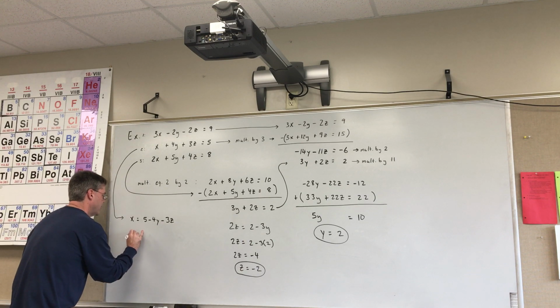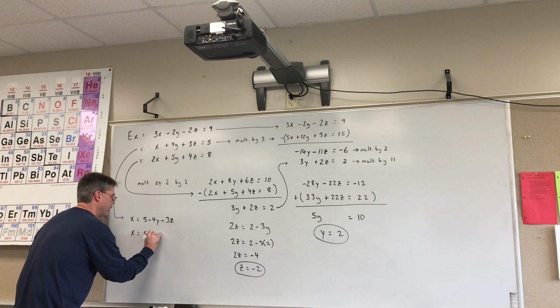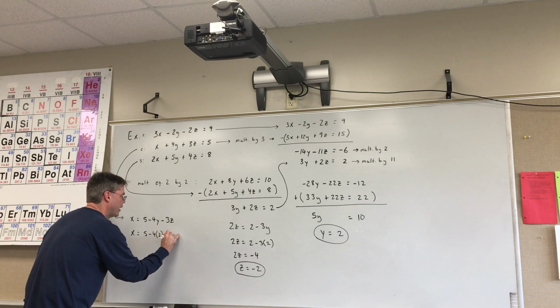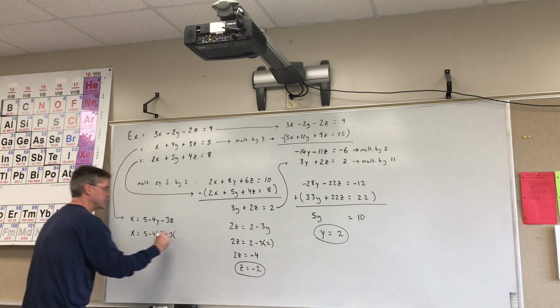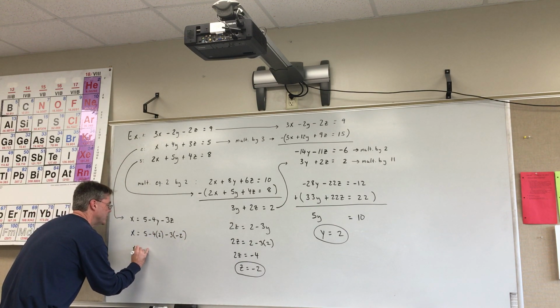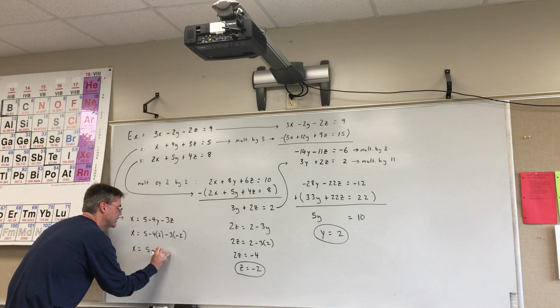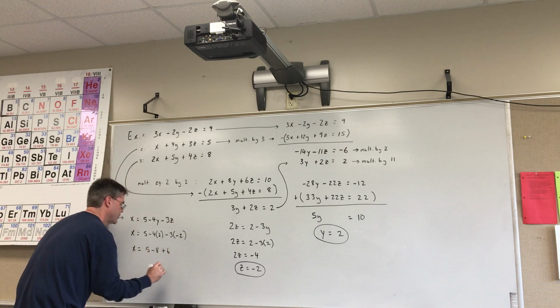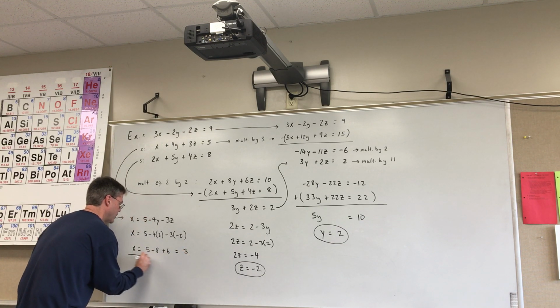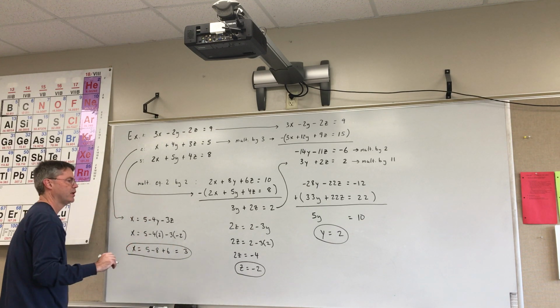So x is equal to 5 minus 4 times 2 minus 3 times negative 2. So x is equal to 5 minus 8 plus 6, it's negative 3 plus 6 is 3. So we have our third solution.